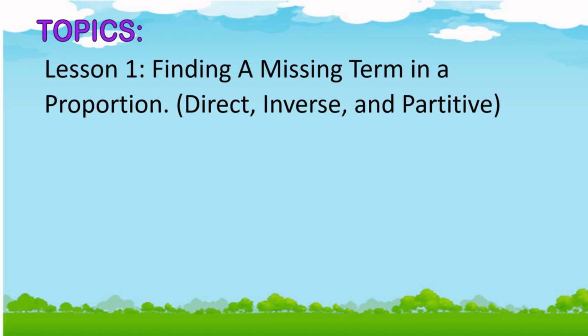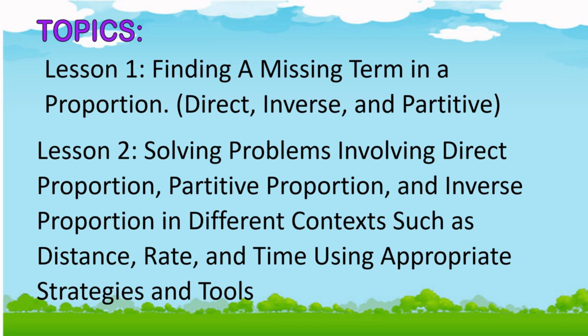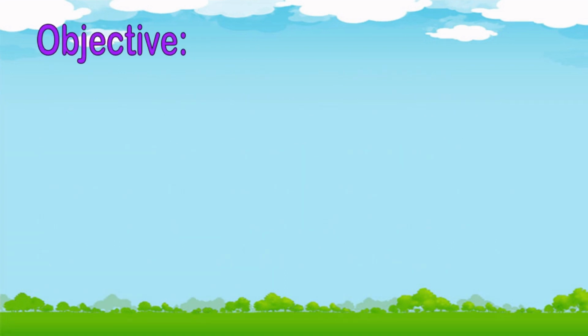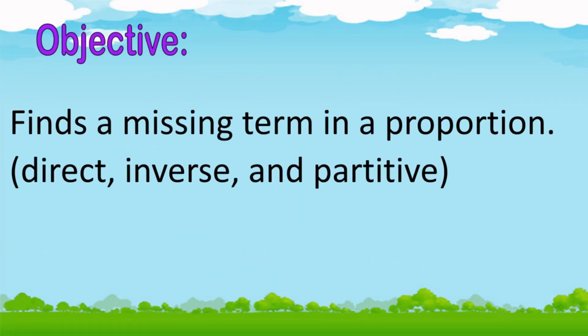Second, solving problems involving direct proportion, partitive proportion, and inverse proportion in different contexts such as distance, rate, and time using appropriate strategies and tools. Our first objective is to find a missing term in a proportion, be it direct, inverse, or partitive proportion.